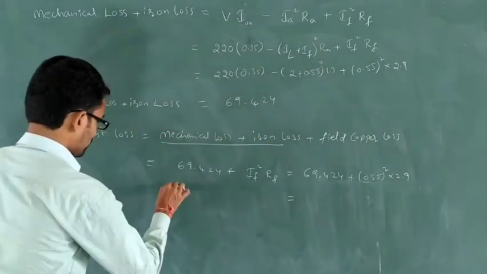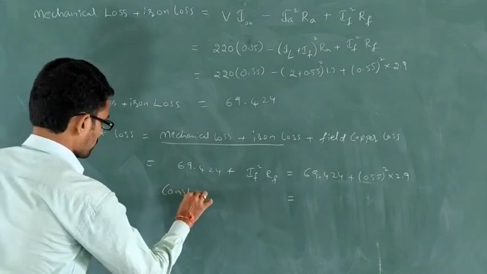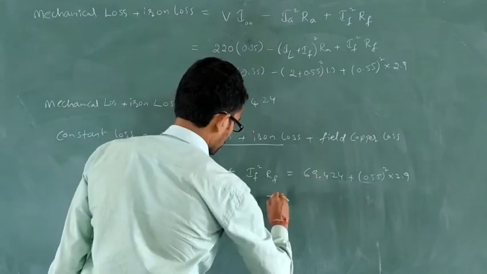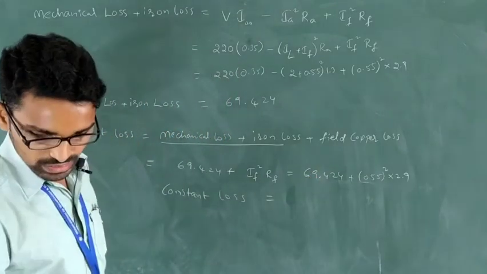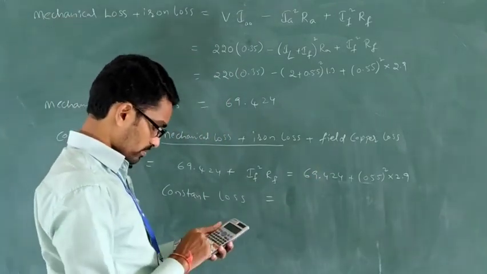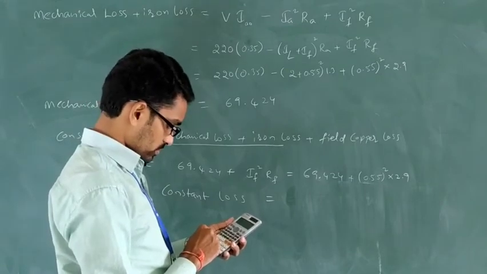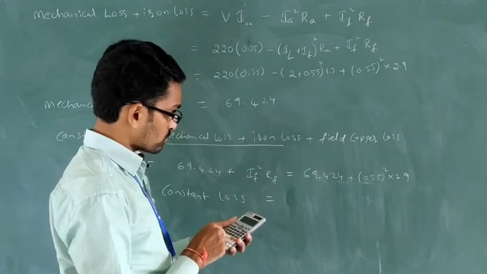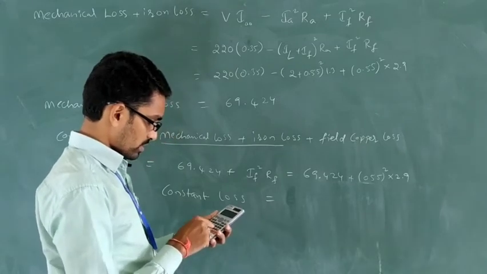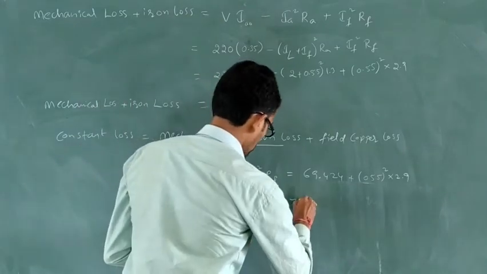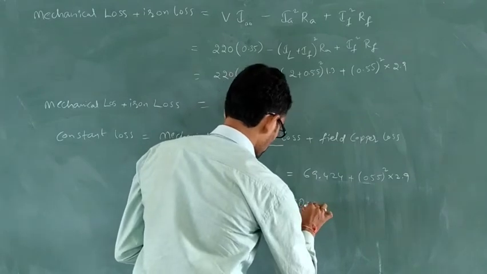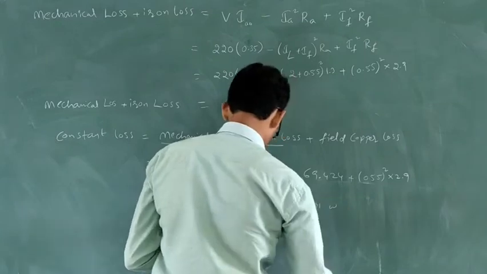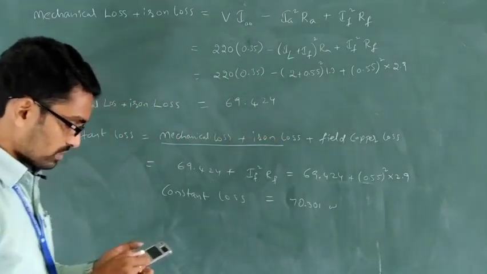If I calculate the constant loss, it is equal to 69.424 plus 0.55 whole square into 2.9. So that gives 70.301. So it is in watts, right?